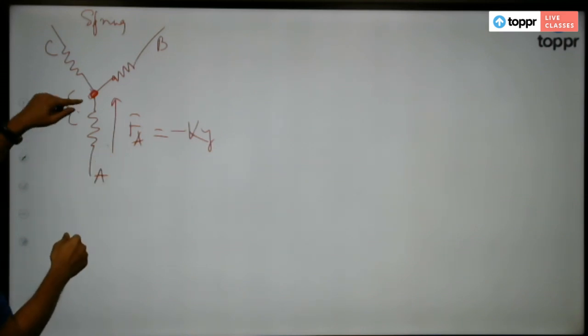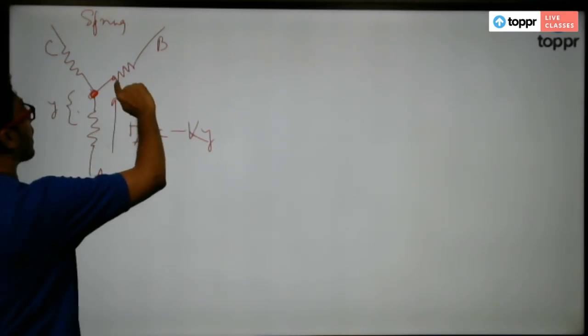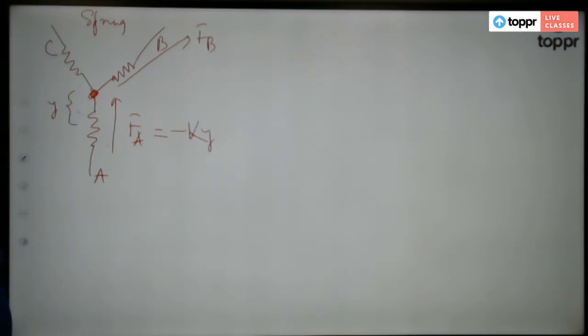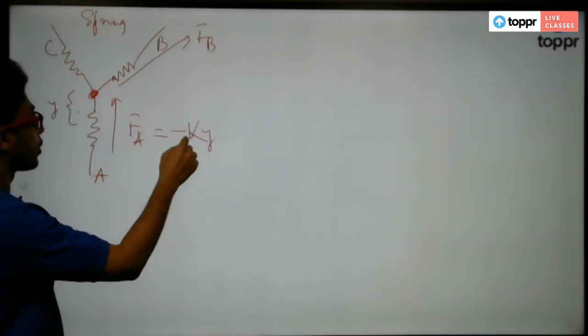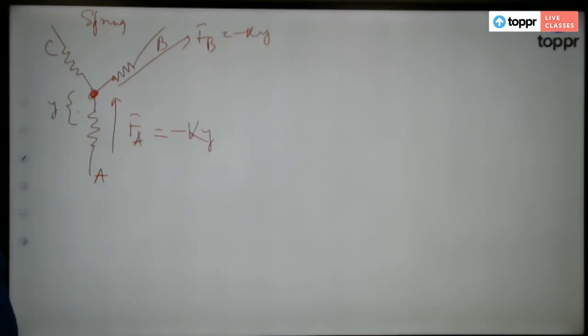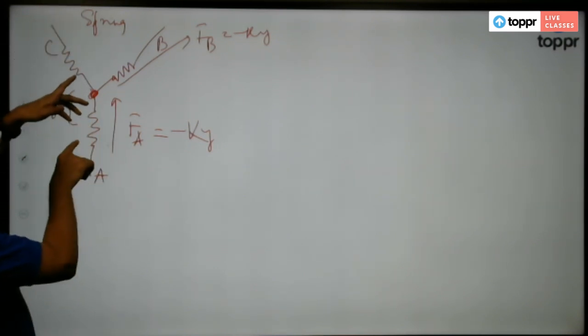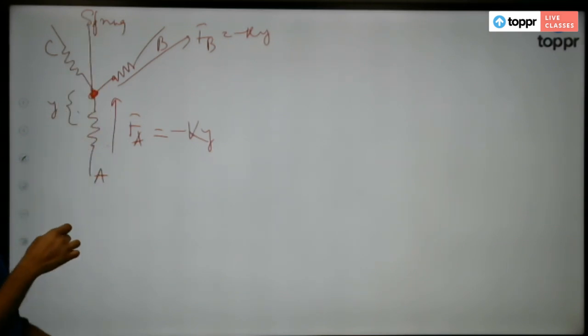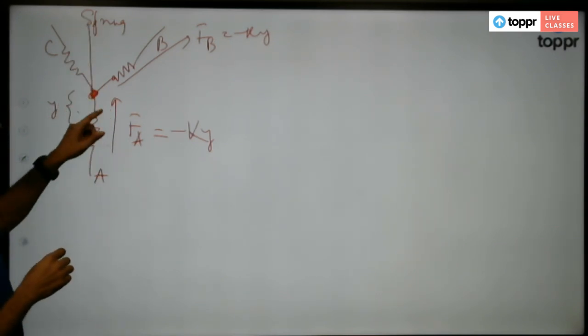Okay, now suppose this FB towards this is also the same, minus ky, but we have to calculate the displacement and the force in the y direction. So what will happen?